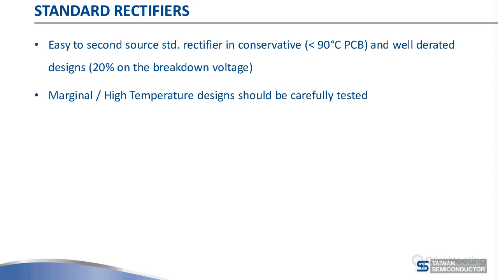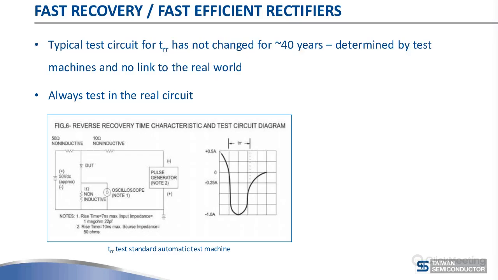Now we have a lot more rectifiers in our portfolio. The first one we're going to go to is the fast recovery, or the fast efficient rectifiers. I'm starting with an oddity, which is the definition of TRR. Why is the definition or the test condition of TRR so strange? Well, test machines were developed like 30 or 40 years ago, and they're still used at the moment.